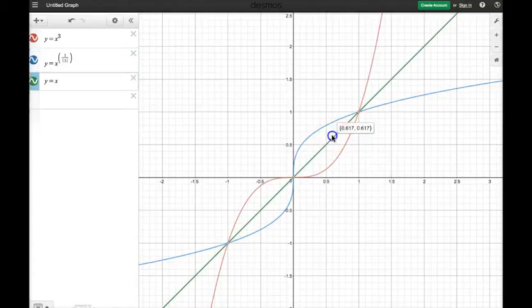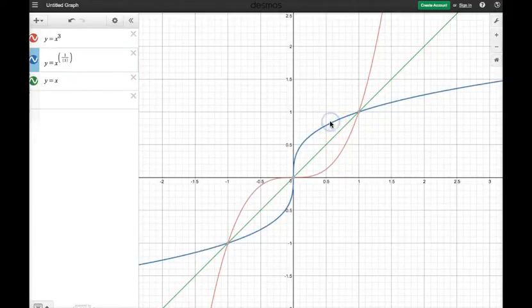And look at the green line. If you reflect the blue into the green line, you'll get the red curve. And if you reflect the red curve into the green line, you'll get the blue curve. So if I just draw one function for you, you can draw the inverse by drawing the line y equals x and reflecting it in that line. Okay? So inverse functions and normal functions are related because one of them is the reflection of the other function in the line y equals x.